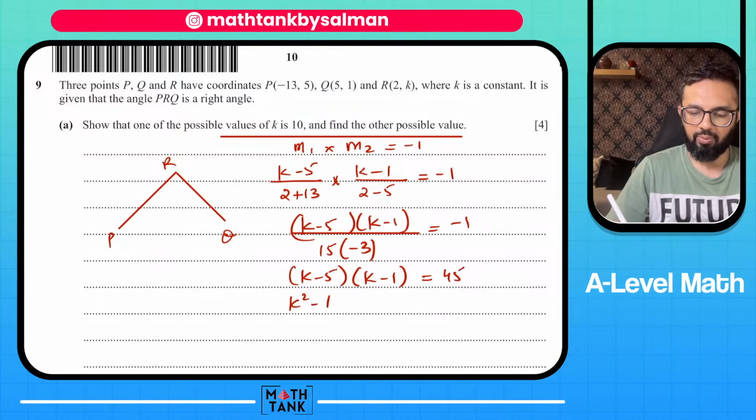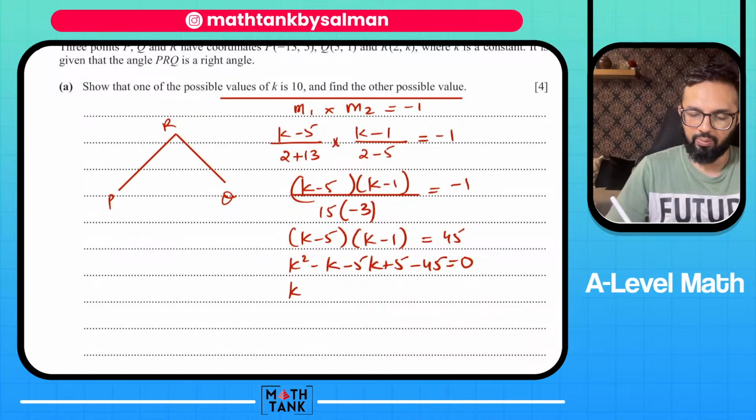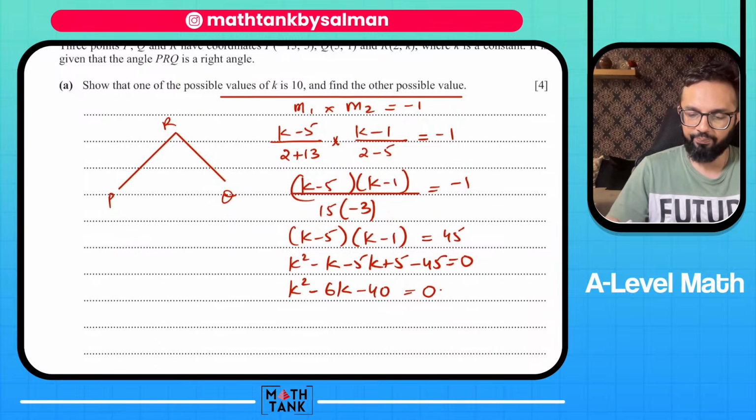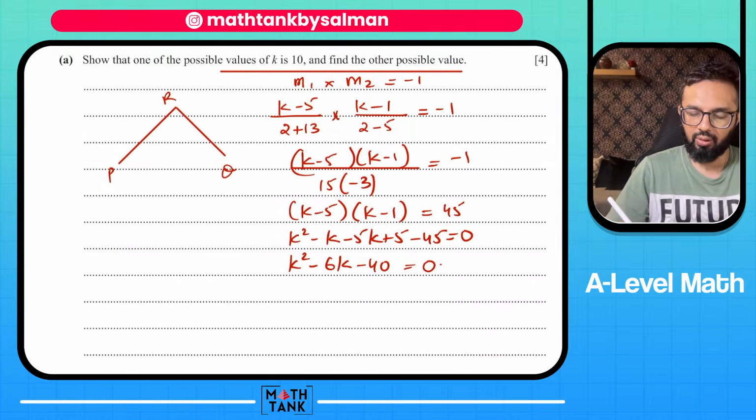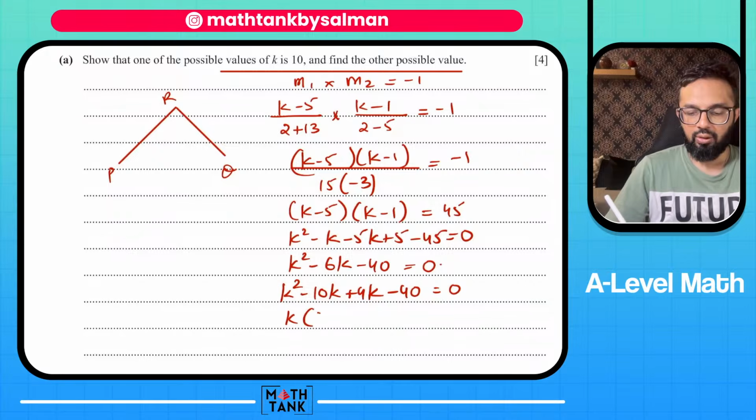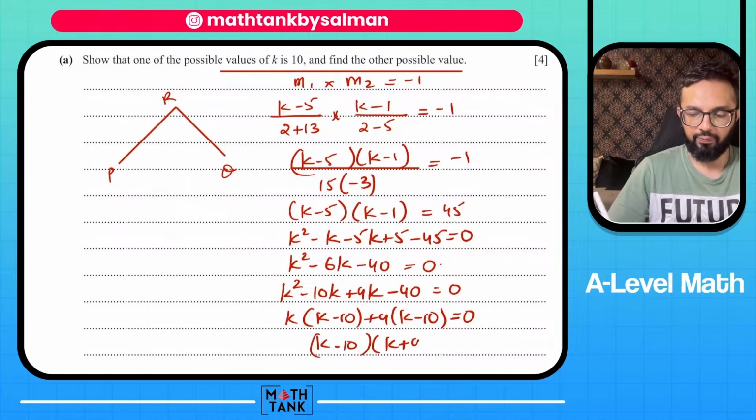So k squared minus k minus 5k plus 5 minus 45 equals 0. k squared minus 6k minus 40 equals 0. 4 and 10, so k squared minus 10k plus 4k minus 40 equals 0. k equals 10 and k equals -4.